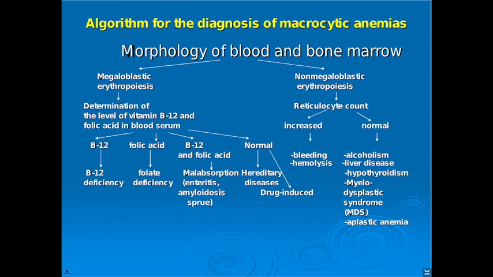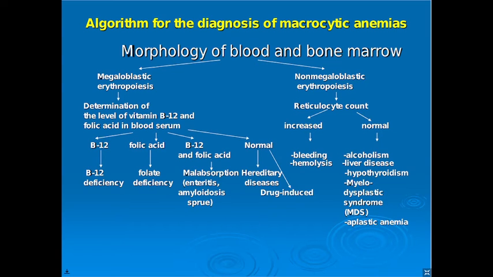Coming back, well, macrocytic anemia, non-megaloblastic type of erythropoiesis. When we took the bone marrow histology and no megaloblastic type of erythropoiesis has been revealed, the next step, we must take a look at the reticulocyte count.